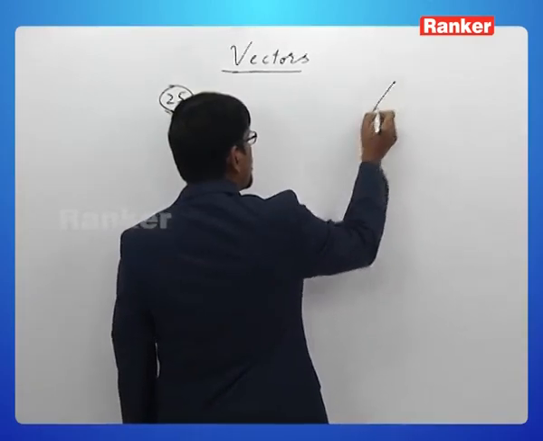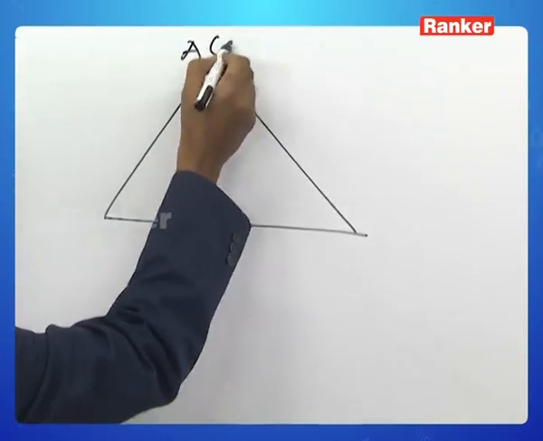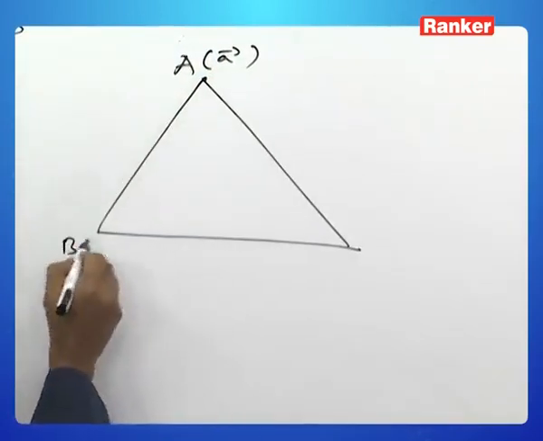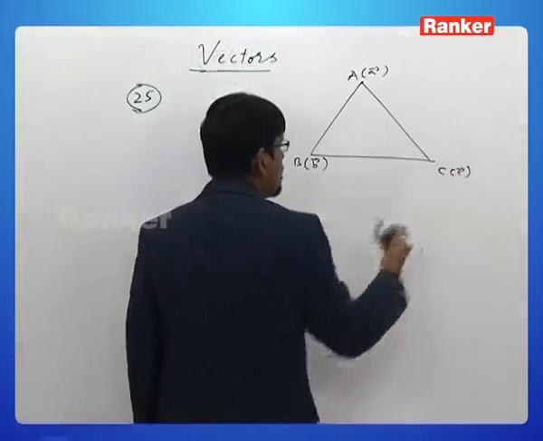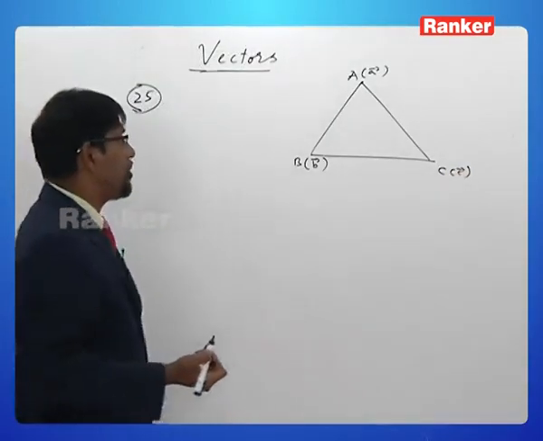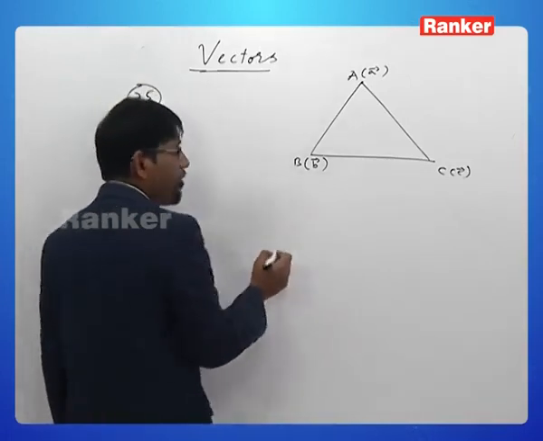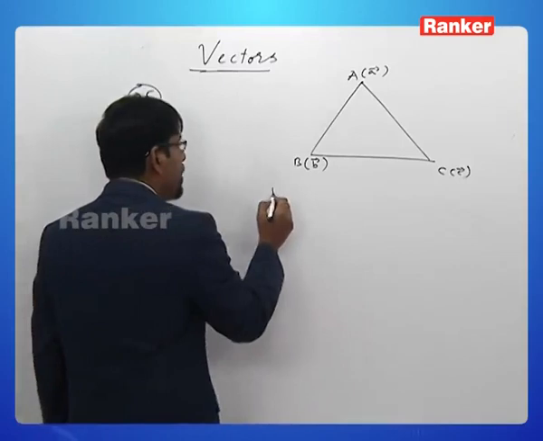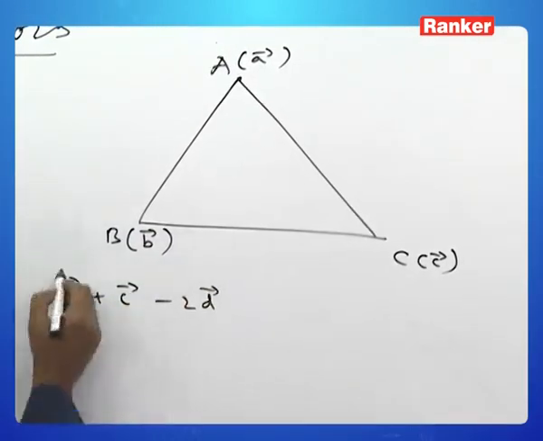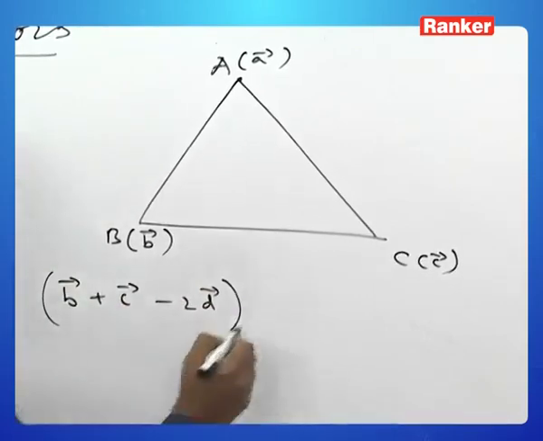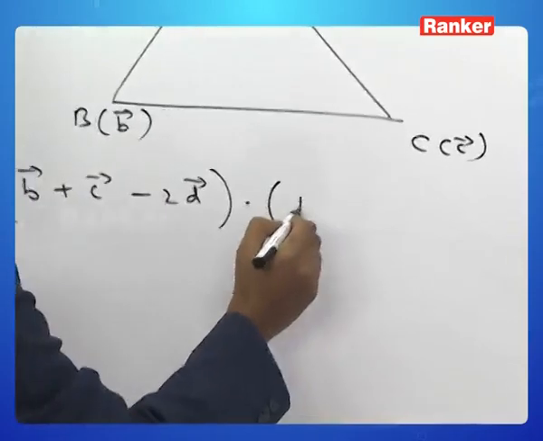Now we are given a triangle with position vectors as ABC, and we are asked to comment about the position vector D. We are given that (B bar plus C bar minus 2D bar) dot product with (B bar minus C bar) is 0.